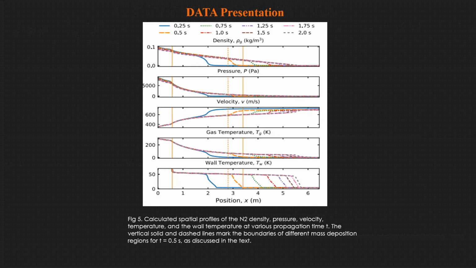The last graph is the result graph. We now discuss the dynamical propagation of the nitrogen gas in the tube. In figure 5, we show the simulated spatial profiles of the nitrogen gas density, temperature, pressure, velocity, and the wall temperature in the tube at a number of propagation times.